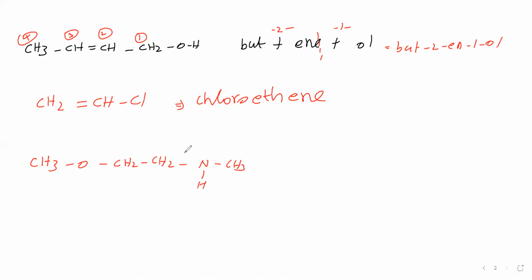It is an amine, having 1 nitrogen, therefore we can call this a secondary amine. So here secondary amine is there and ether is there. Which has higher priority out of secondary amine and ether?